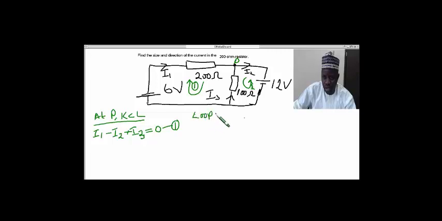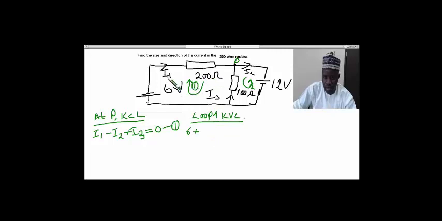Then I will now take the KVL at loop 1. I'm taking my current in my loop in the clockwise direction. So I'm meeting the positive 6 volt first, then plus the potential across the 200 ohm resistor.